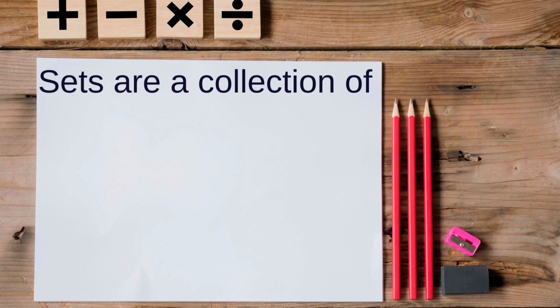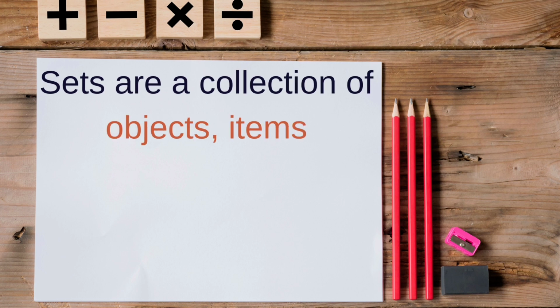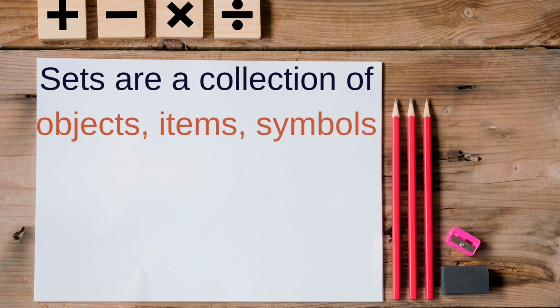So let's start by understanding the definition of sets. Sets are a collection of objects. They could be a collection of items. They could also be a collection of symbols.